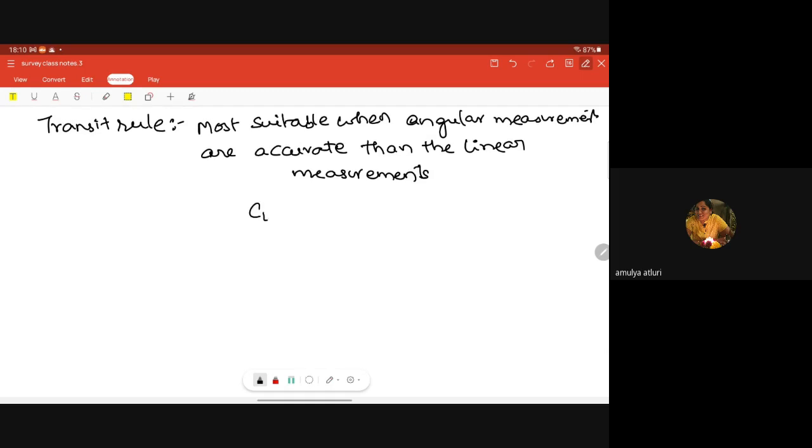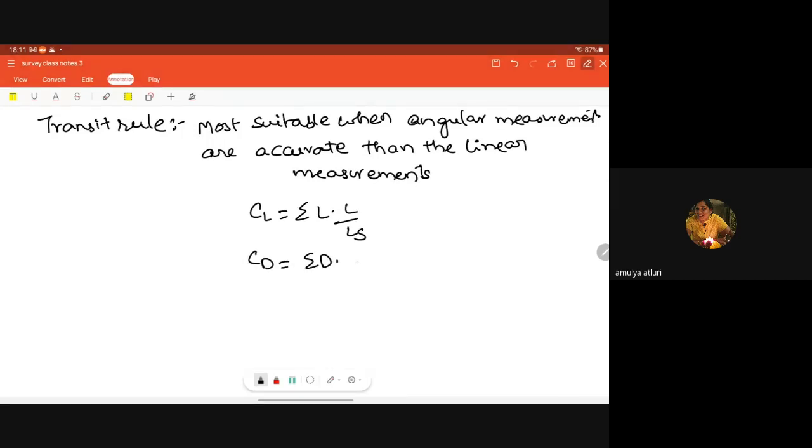So my CL is equal to sigma L into L by LS. CD is equal to sigma D into D by DS. What is LS? Arithmetic sum of latitudes. LS, sum of latitudes. DS, sum of departures. Okay.